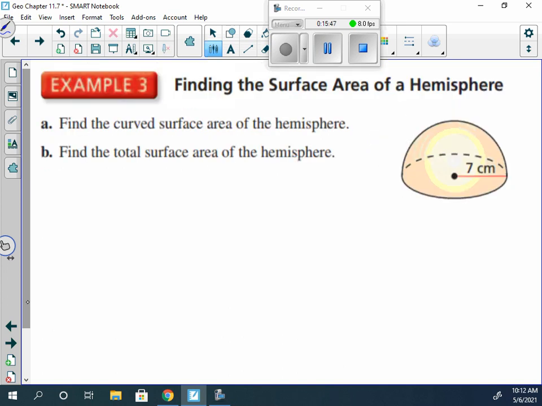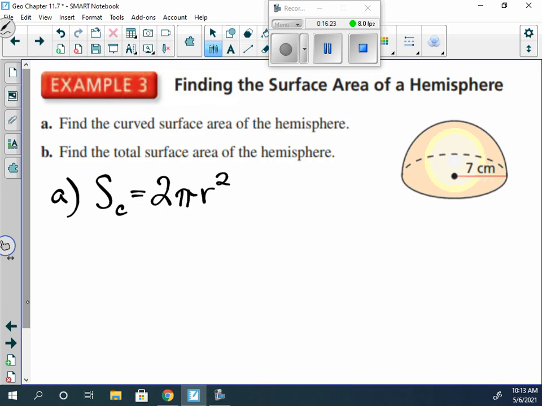So these here, we're going to have 2 parts. Most of them, probably the homework's going to do the same thing. If it doesn't, that's perfectly fine. Because here we're going to find the curved surface area of the hemisphere. And I'll just call it SC, surface area of the curved section, is our 2 pi r squared, because it's just the curve, the dome of it.